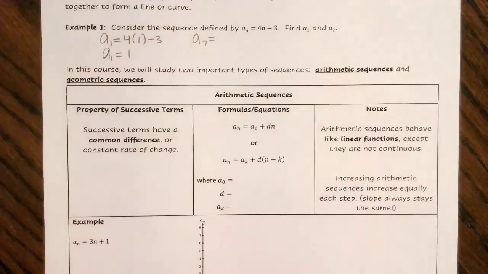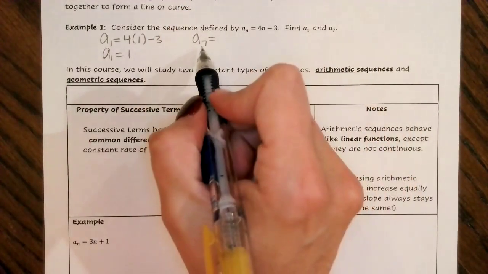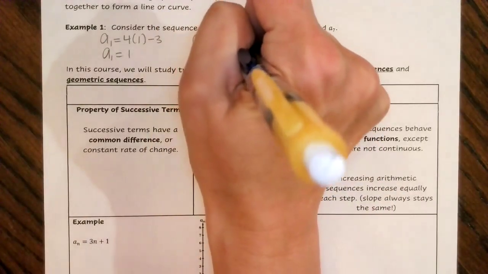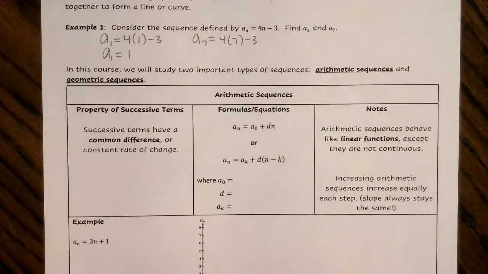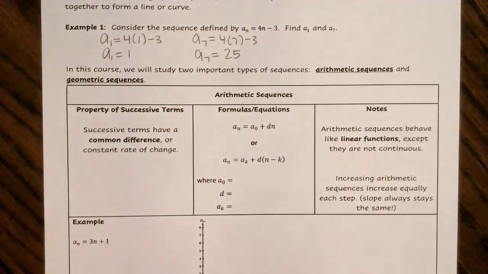A sub n in that sequence is defined by this. So to find a sub 7, we can plug in a 7 there. So we get 4 times 7 minus 3. And so a sub 7 is equal to 25. And so you can find any term in the sequence by plugging it in for the n there.